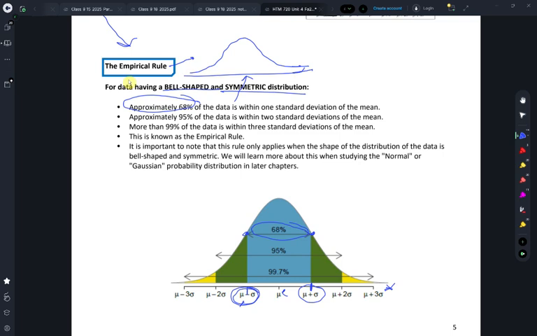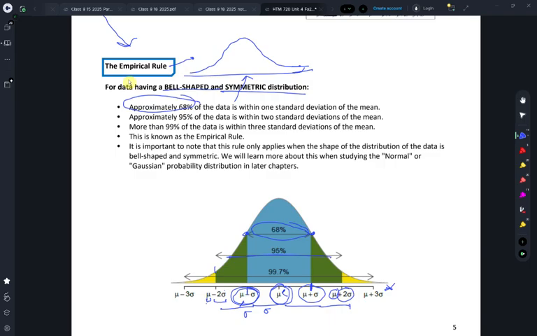Then also, if you took two standard deviations back, 1, 2, from the mean, and then go back to the mean and take two standard deviations forward, you will get approximately 95% of all data captured within that range.